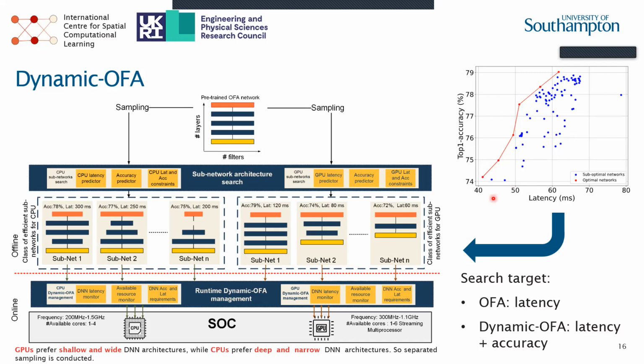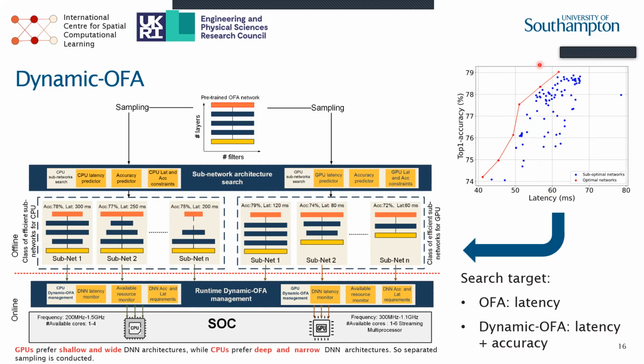What we want is a library of networks that have a trade-off curve. So we first added accuracy as a constraint as well. Every time we do a search, for example, if we want to search for 60 milliseconds, we want the accuracy to be above 78%. And also, because the original Once-for-All network's search space is 10 to the power of 19.